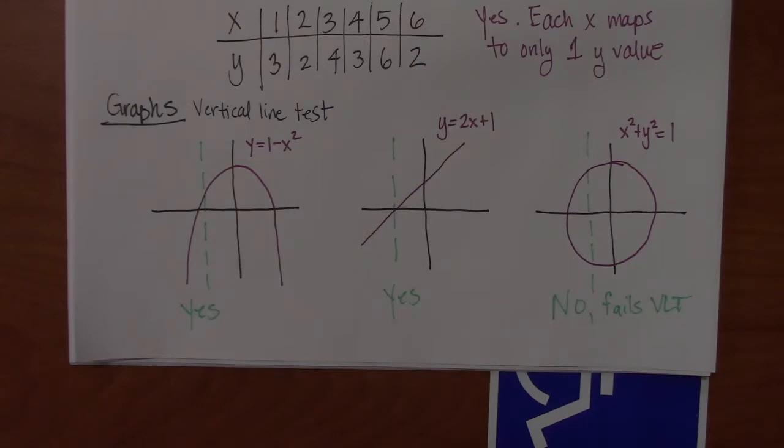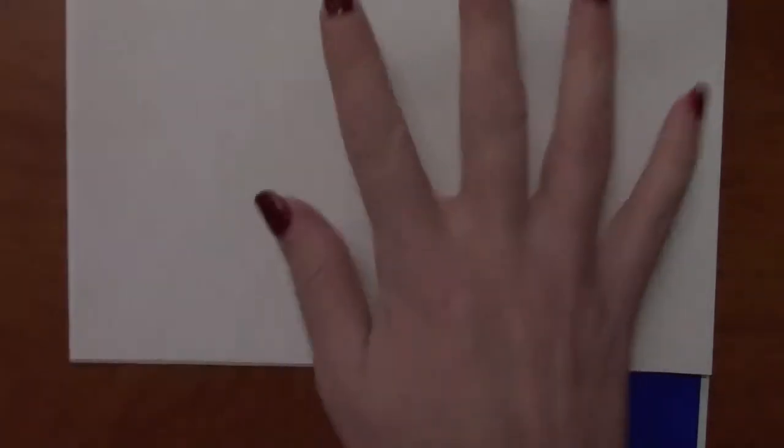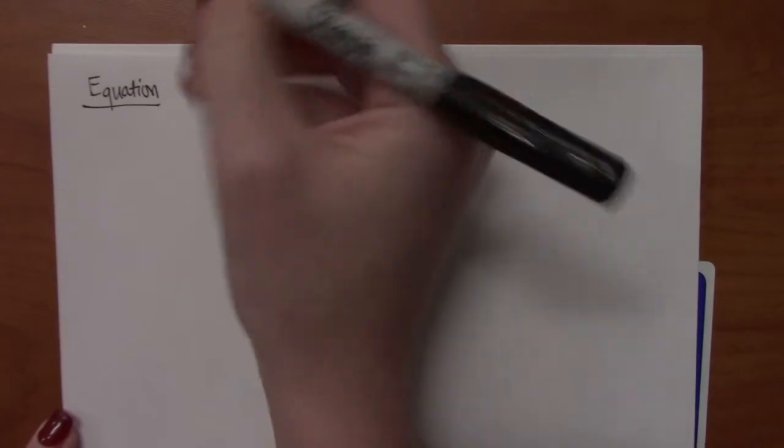All right, so the third form that you could see a function in would be an equation. Okay. So if you're looking at a function in the form of an equation, and remember, we can name them anything we want.